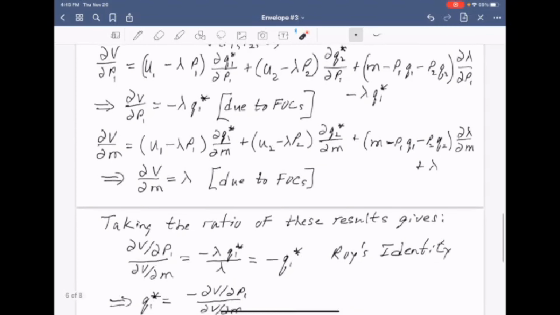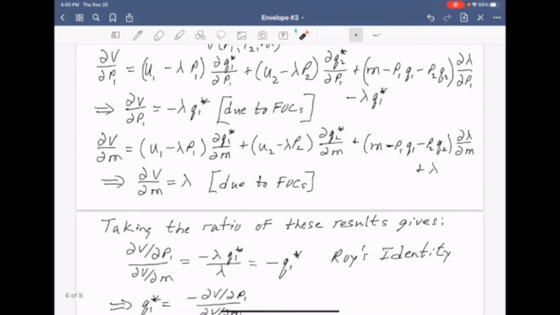Now taking the ratio of the partial of v with respect to p1 divided by the partial of v with respect to the budget or income, we get minus lambda q1 star from this expression here. And let me just highlight that with a red pen.